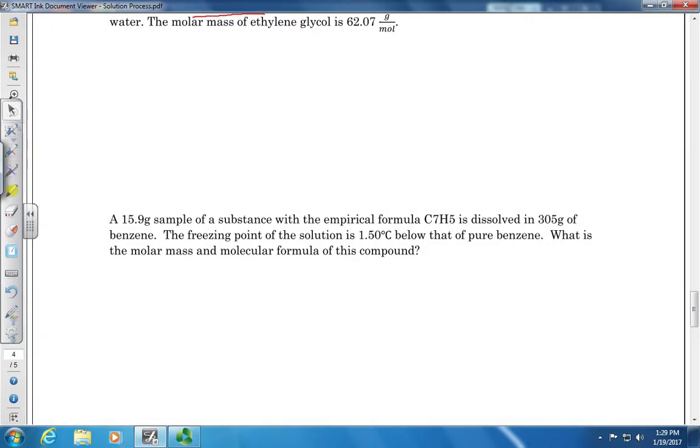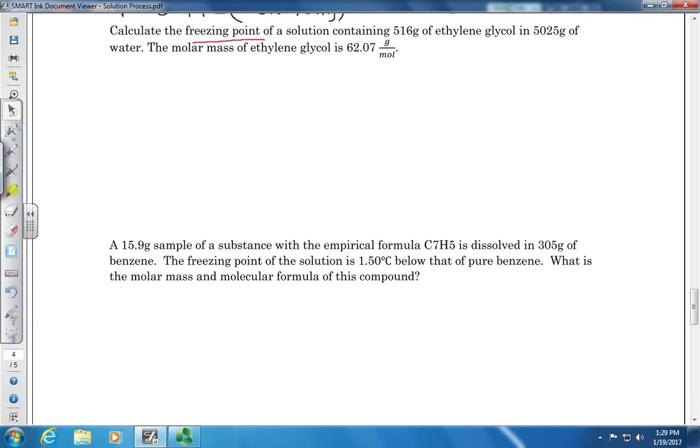So what we're looking for is delta T sub F, which is equal to K sub F times the molality. So we need to figure out the molality of ethylene glycol in this solution.